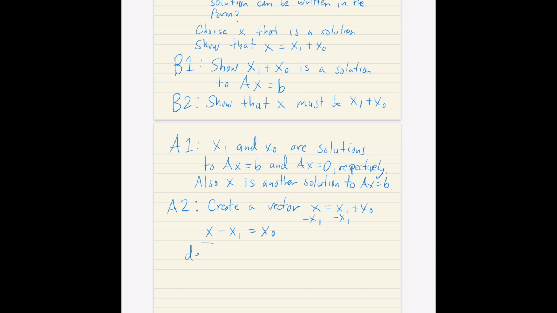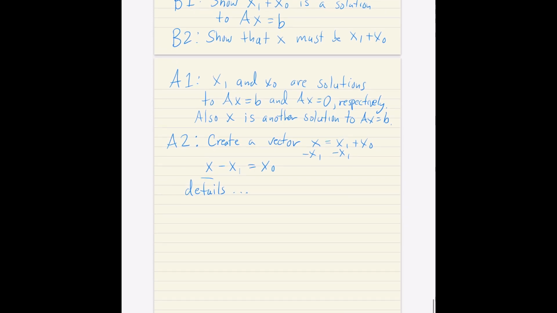Okay, so there's details in here, which you'll see in the proof. But I'm going to save that because I told you this one's a little bit less hands-on than the previous proof. Okay, so here's our plan of attack.